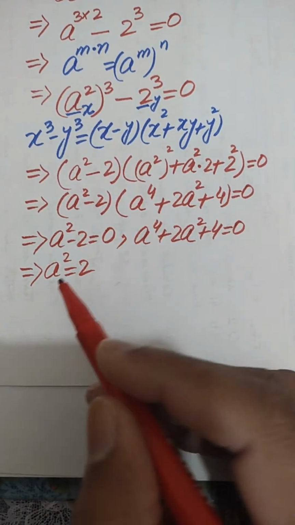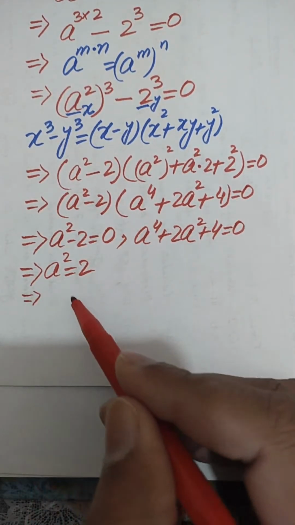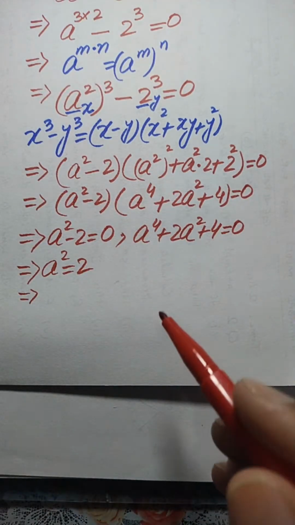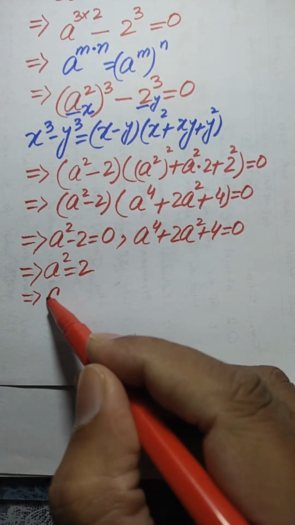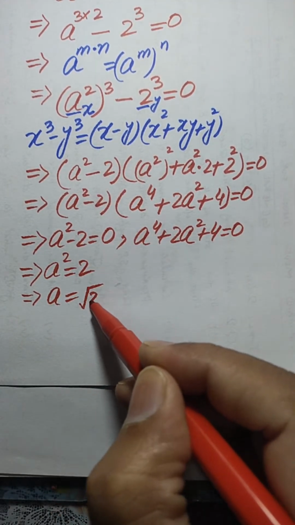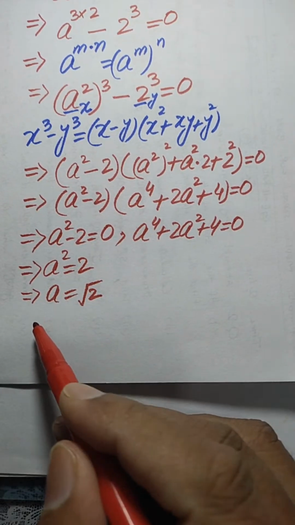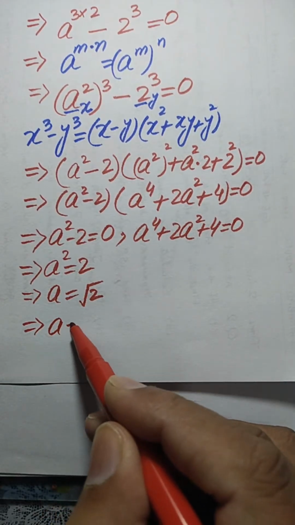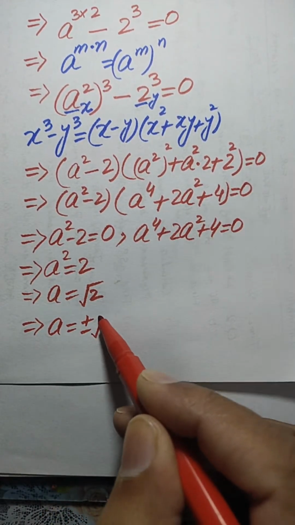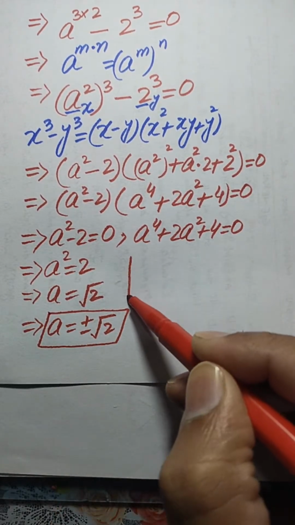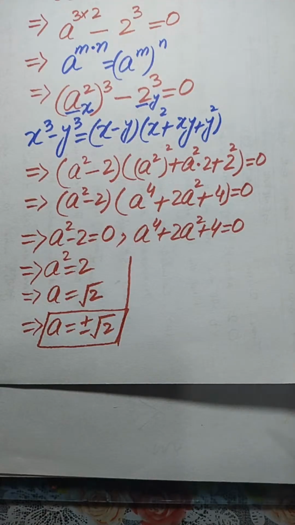For the values of a, we take the square root on both sides, so we have a is equal to square root of 2, and we know that when we apply the square root on both sides, we write the plus minus sign. So we get the two roots of the given equation, a is equal to plus minus square root of 2. These are the two roots which we get in this problem.